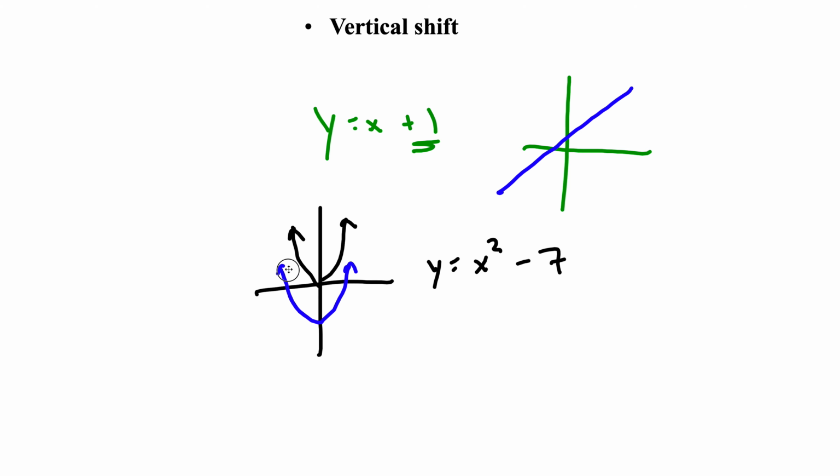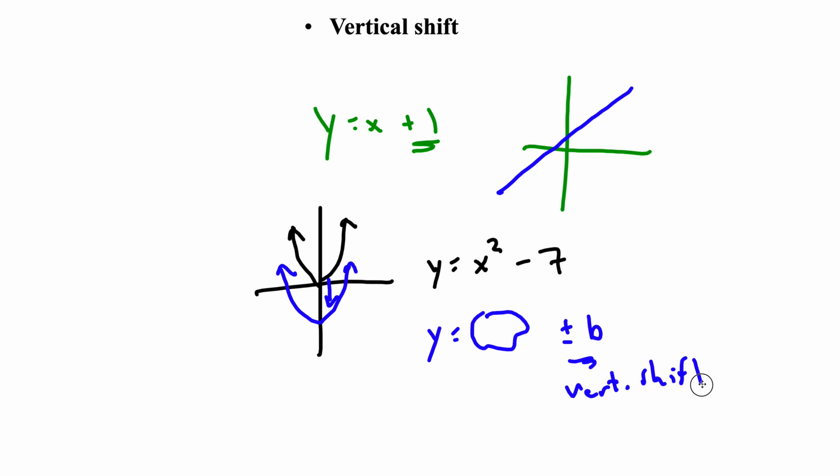So you get exactly the same shape, just 7 units lower. So that would be a vertical shift down. In general, whatever the function is, plus or minus some other value, often we use b, that would represent the vertical shifts. Vertical shifts work like you expect: plus up, minus down.